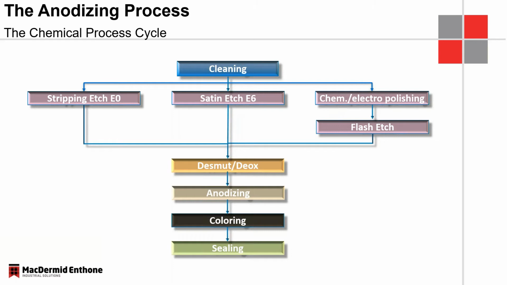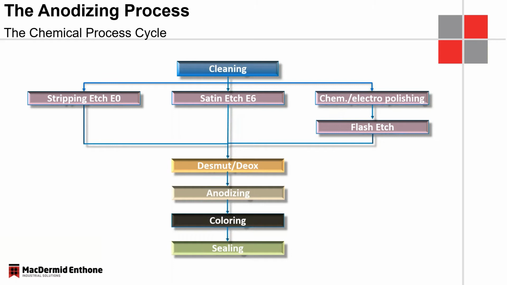From there, it follows pretty much the same sequence here. We go through a desmut or a deoxidation process, then through the anodizing process where everything really happens, and then optionally coloring, and the final process step here is the sealing, and that's really where the pores we generated are closed up.